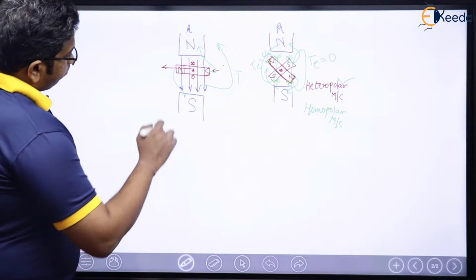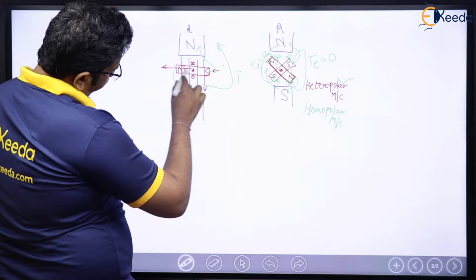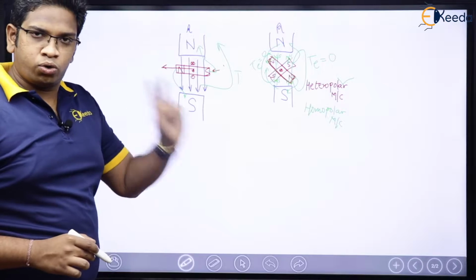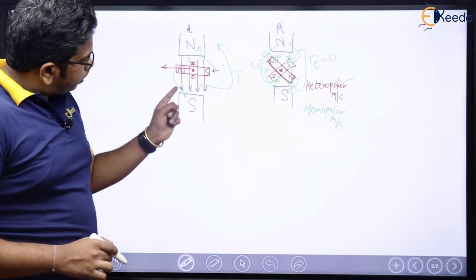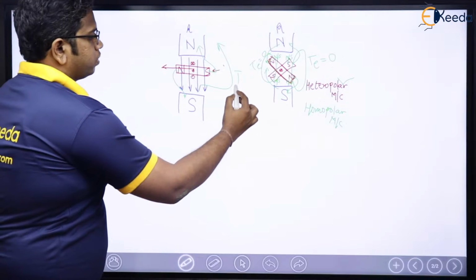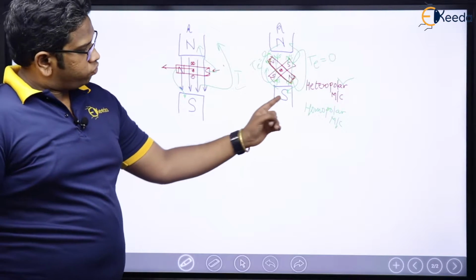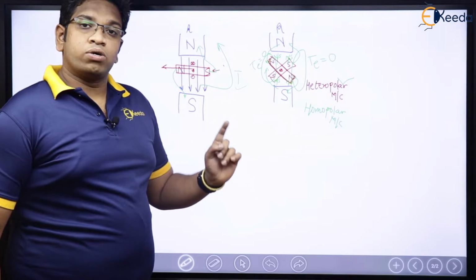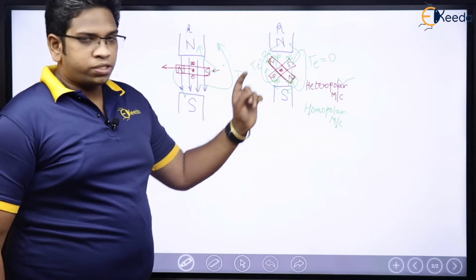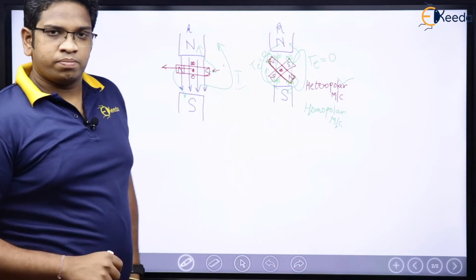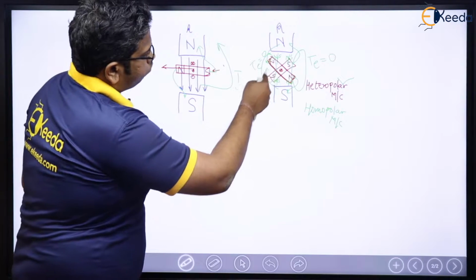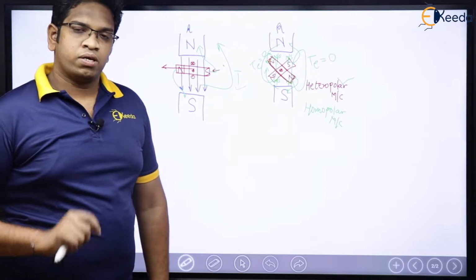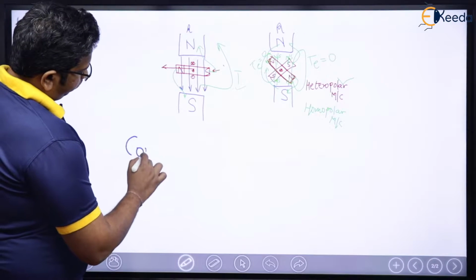And we have also seen that when the number of stator poles is equal to the number of rotor poles, here two and two, electromagnetic torque is developed, right? Whereas the moment the number of stator poles and rotor poles differ, torque is zero. Here there are two stator poles and four rotor poles, which means torque will be zero.